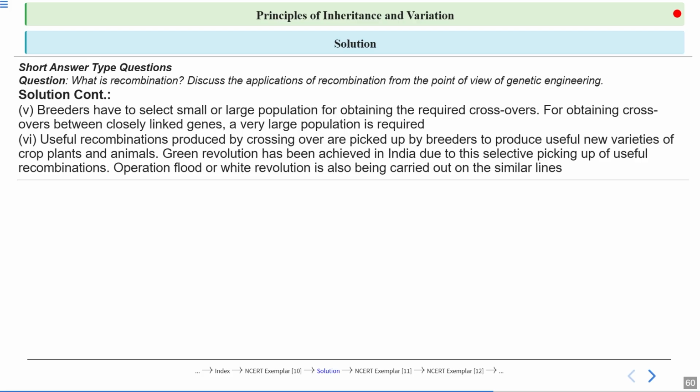These breeders deliberately select the variations that give survival advantage, or these variations can give rise to new traits. So these breeders select these advantageous variations, because these variations can give rise to new traits as well. So they can pick those varieties which have these variations, which have arisen due to recombination.